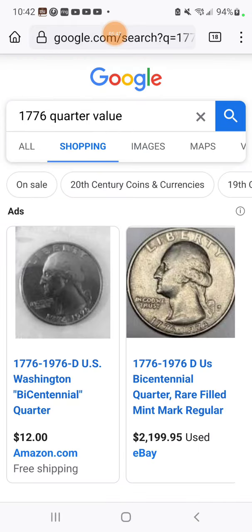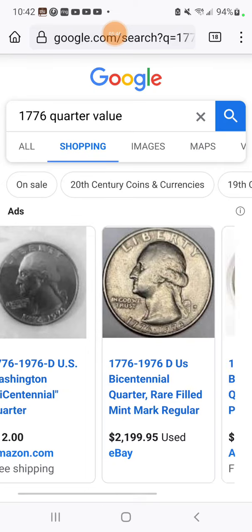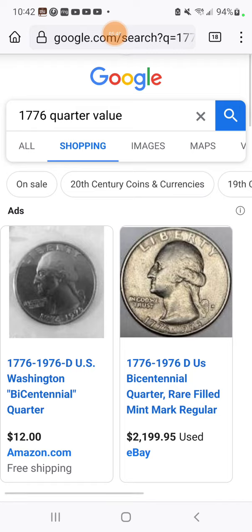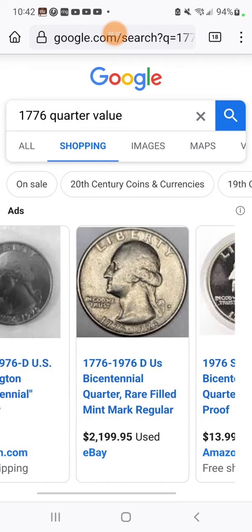Go to the shopping thing here. You'll be surprised what some of these coins are going for. You know, some pretty decent ones if you have a pretty decent one.